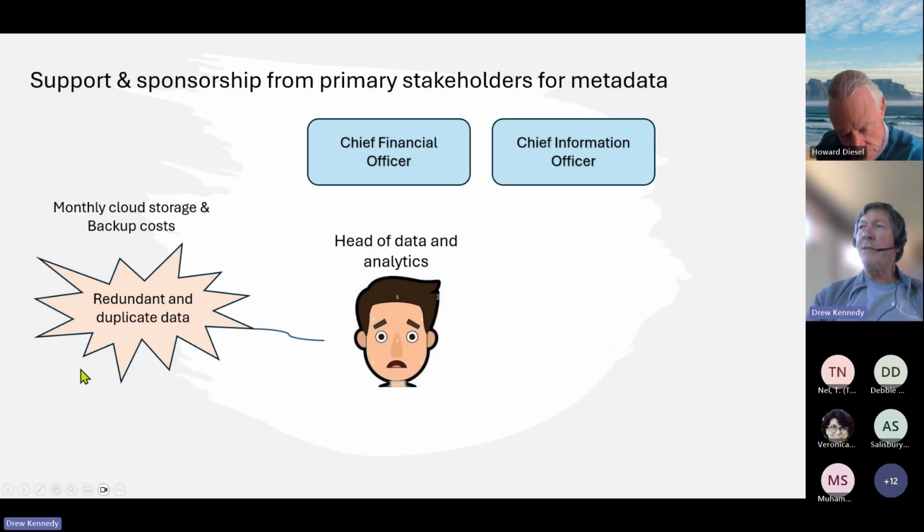You could do that fairly easily. Our cost for cloud storage is 100 million Rand. If we reduce that by 30%, it drops to 70 million Rand. There's a real bottom line cash saving for both of these guys, and that would more than pay for any metadata program that needs to be started or restarted.